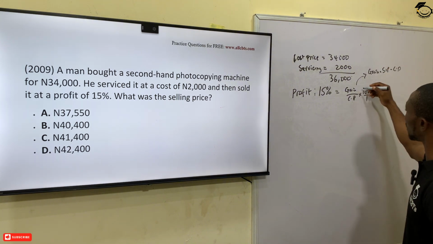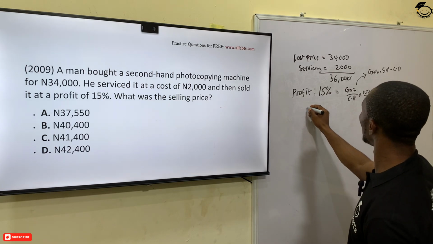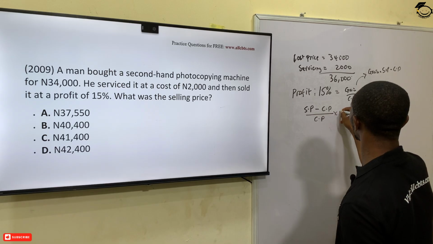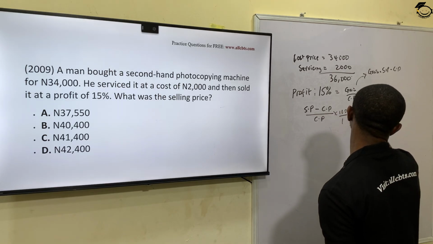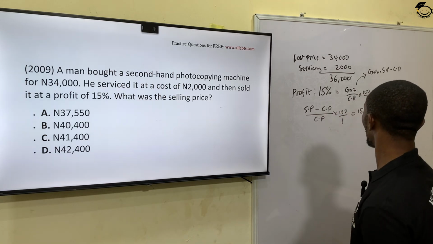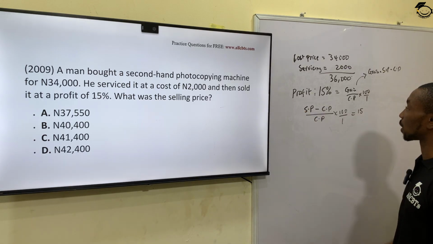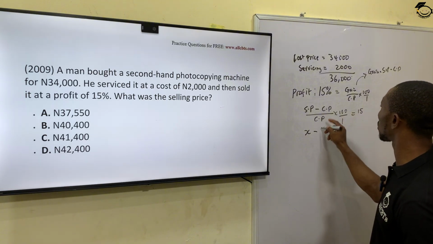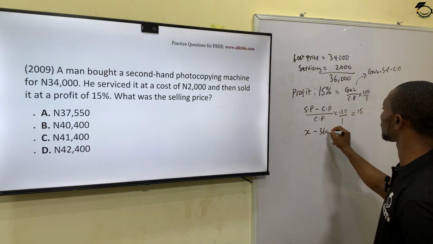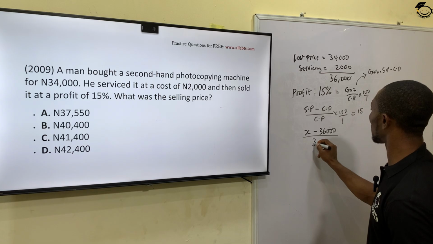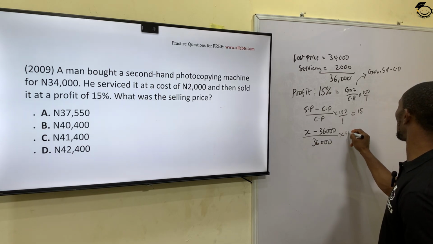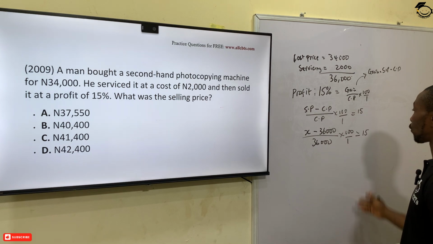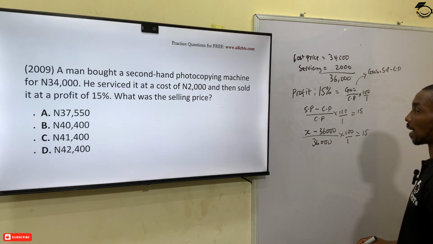So replacing this here, we have selling price minus cost price all over cost price times 100 over 1 equals 15%. Now we are looking for the selling price. So we call it X minus 36,000 divided by 36,000 times 100 over 1 equals 15%. So from here we cross multiply.